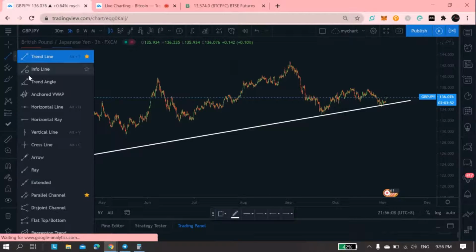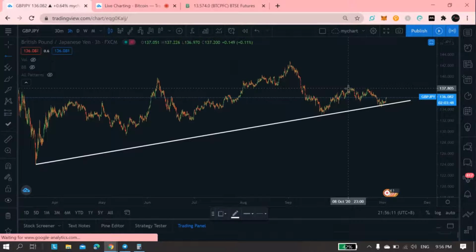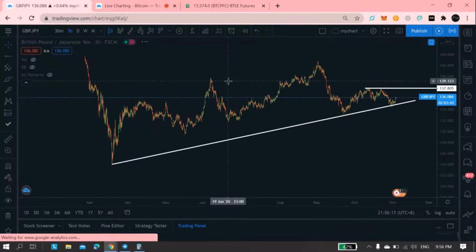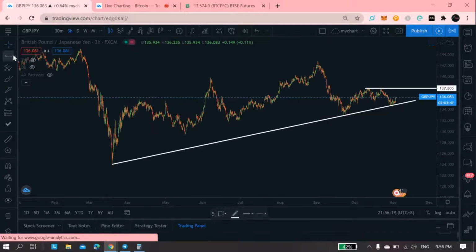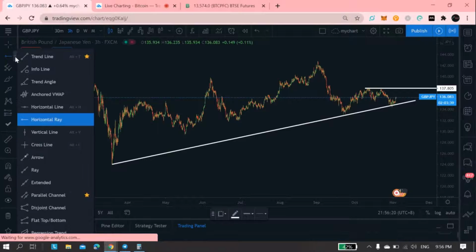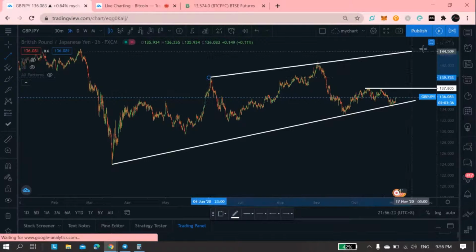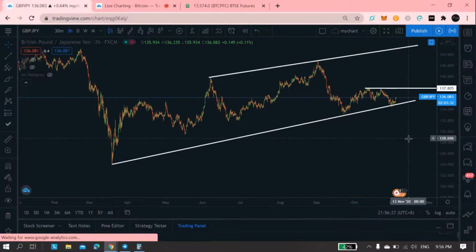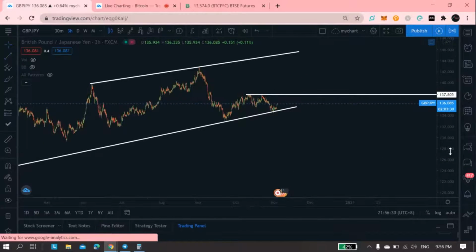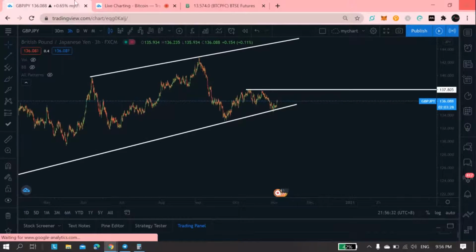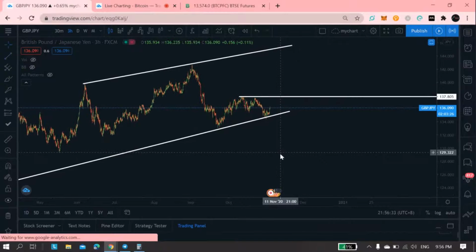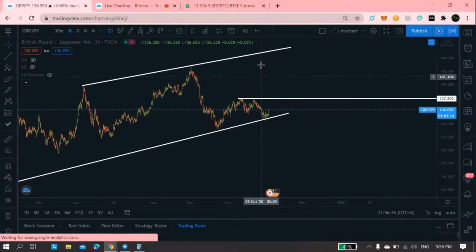I can use this one. Break. So yeah, it's almost the same as the daily time frame. Of course, I will trade it after it breaks this 137 area.